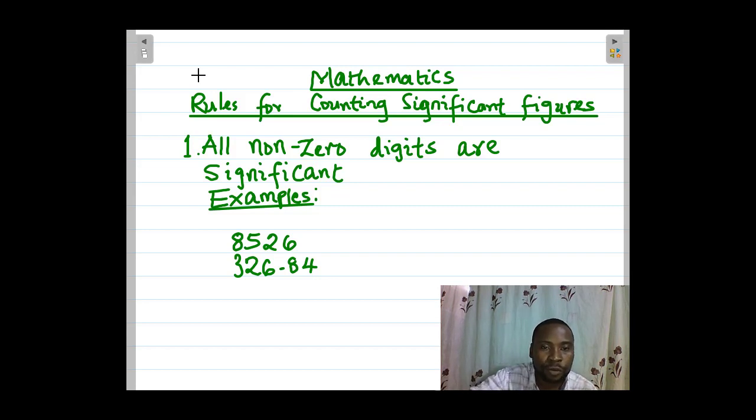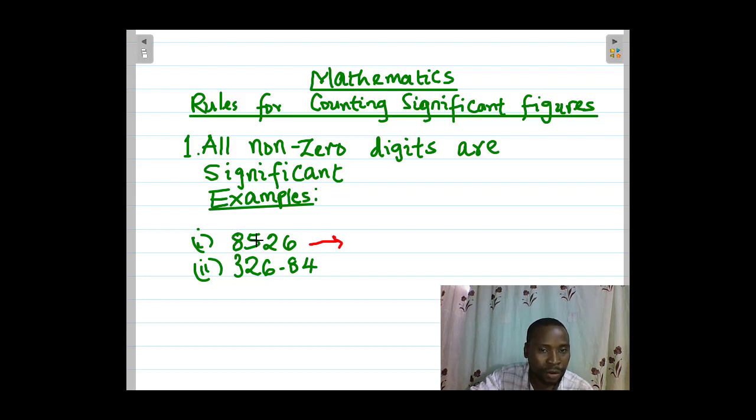So by that rule, look at this first example here. We have 1, 2, 3, 4 digits there. All of them are non-zero. By non-zero, we mean digits that are not zero. So all non-zero digits are significant. This 8 is non-zero, so it is significant.